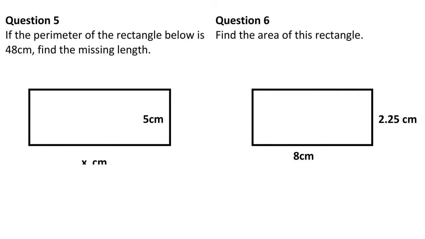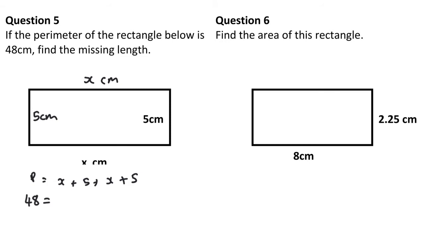Question 5, if the perimeter of this rectangle below is 48, find the missing length. So what we have is that the bottom and the top are both x centimetres and the height is 5 centimetres. So the perimeter is going to be x plus 5 plus x plus 5. And we know the perimeter is 48.